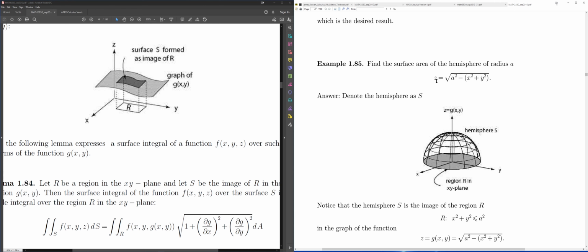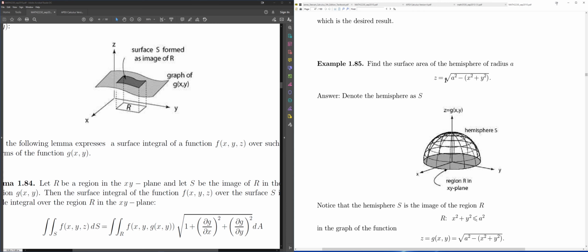So this is the equation of your hemisphere. The equation of the hemisphere is z equal to this function of xy, which is of your form z equals g of xy. The g of xy in this case is the square root of a squared minus x squared plus y squared.